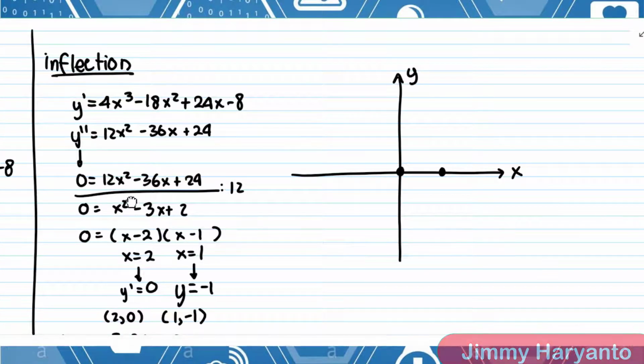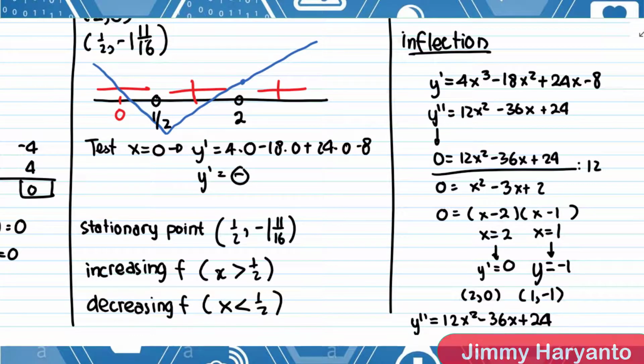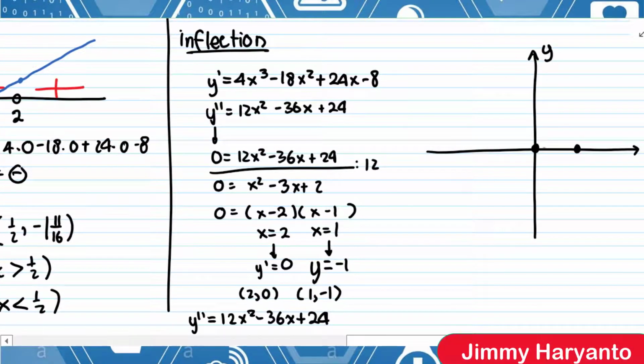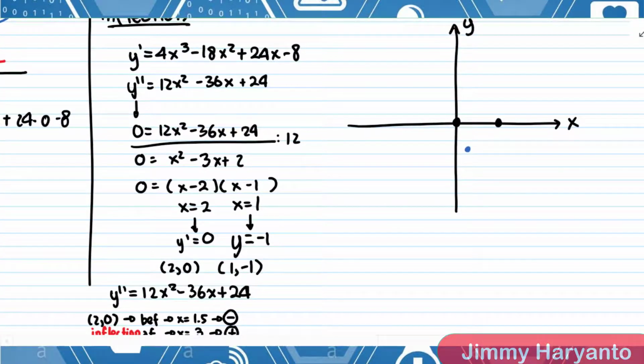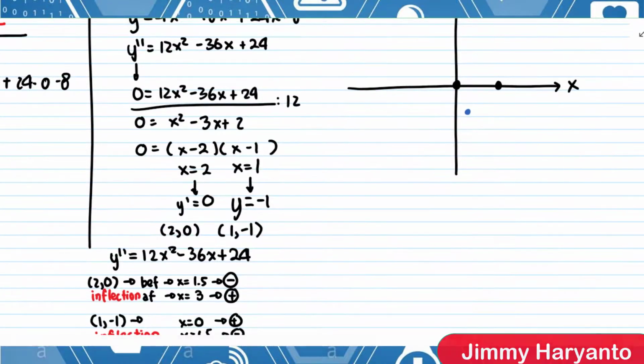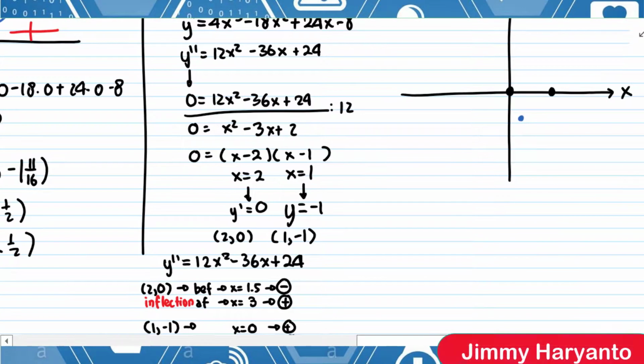And then the second one is the stationary point, (1/2, -1 11/16), right here. And the next one is the inflection point. The inflection point will be (1, -1), right here. And then (2, 0) is right there.